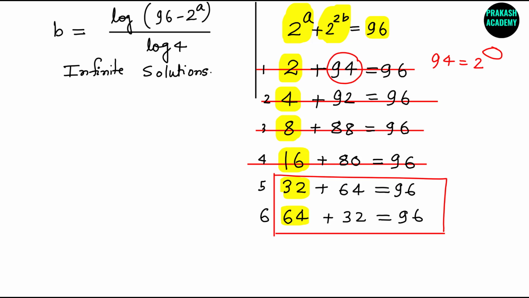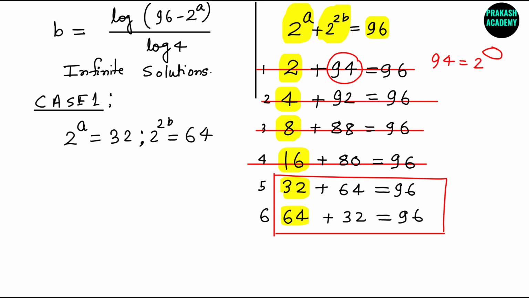Now let us consider these two cases. First case, when 2 raised to the power a is equal to 32 and 2 raised to the power 2b is equal to 64. Because in this case 2 raised to the power a is 32 and 64 is 2 raised to the power 2b.